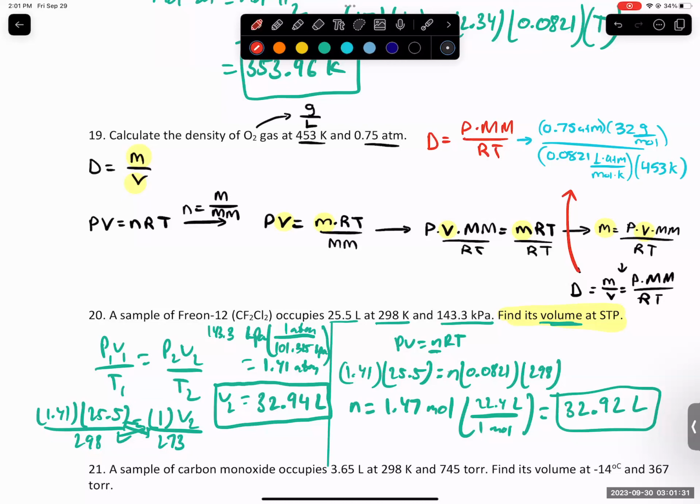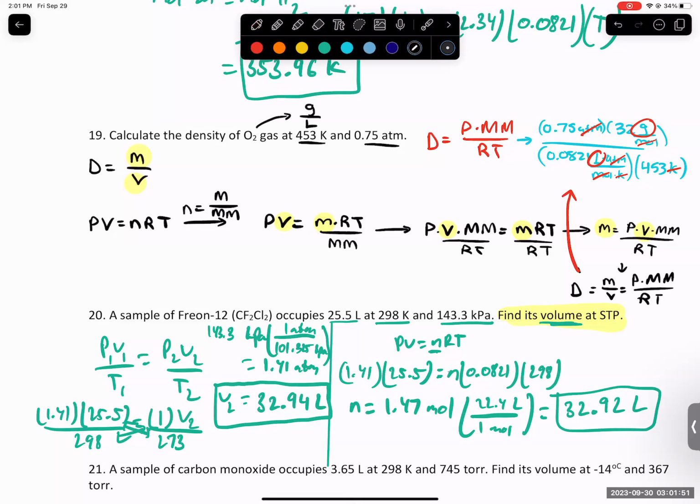Look at all these wonderful units cancel out. That will cancel there, this will cancel here, that will go there. We have the liters in the denominator, which is what we need, and we have mass in the numerator, which is what we need: grams over liters. That checks out.